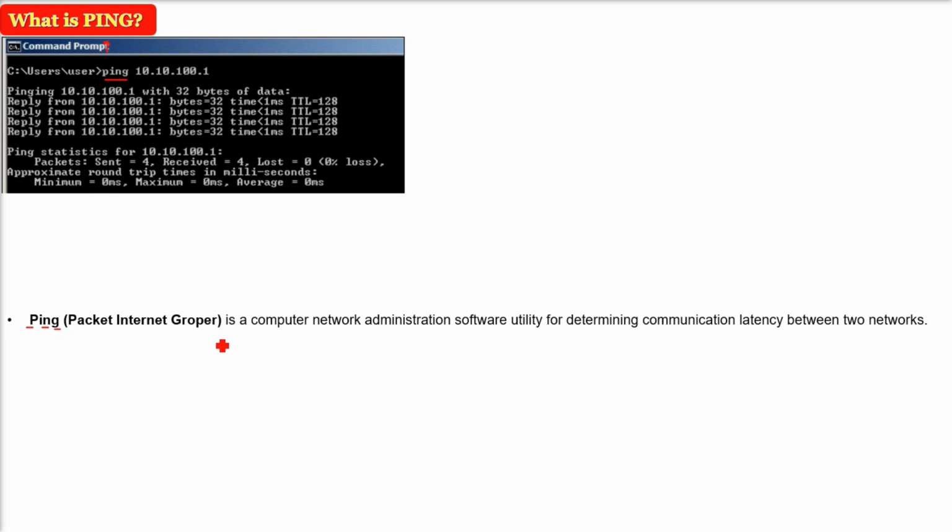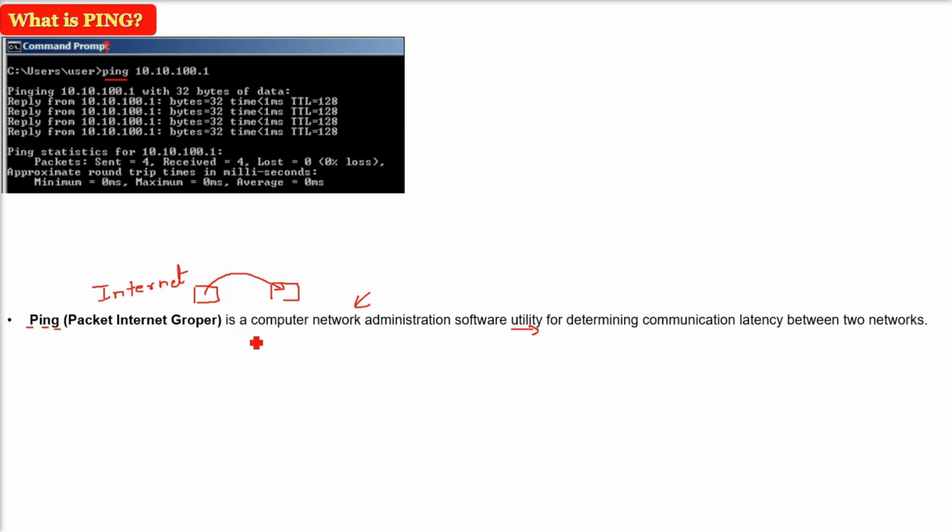So this ping is a computer network administration software utility, or just a command you can say, but it is very powerful. This is to understand the latency between two networks, two systems, to know whether the route is possible or not, to know whether your network interface card is working, to know whether routers and switches in between are working, whether it is on the internet, whether it is on your local network.